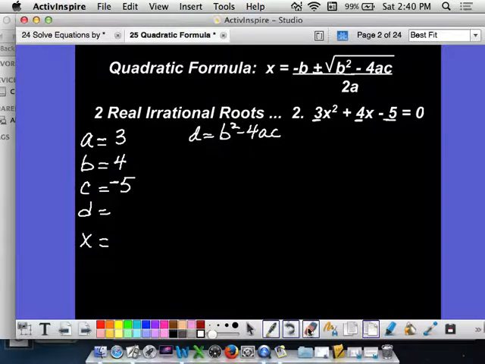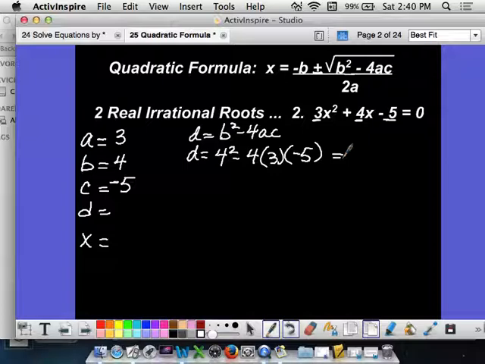So here I'm going to find it. The discriminant is B squared, 4 squared, minus 4 times A, which is 3, times C, which is -5. And you're going to just type that in your calculator, and you're going to find out what that is. I got 76.